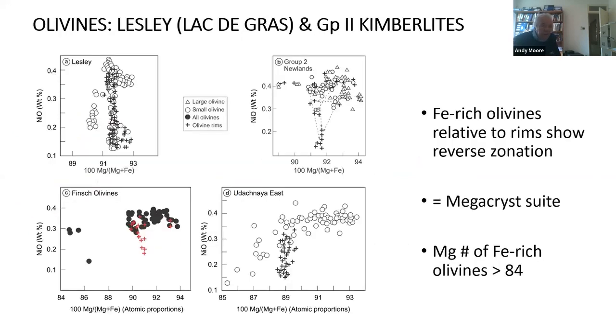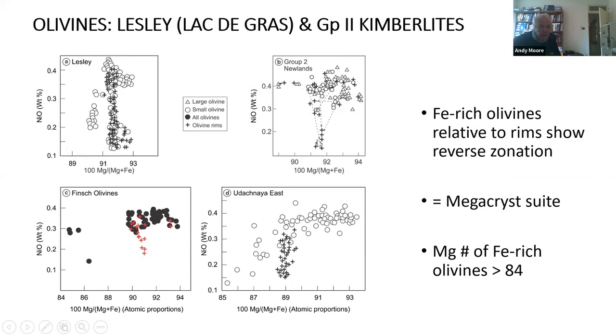Now, if you look at Lac de Gras, the crosses again are the olivine margins. These are the relatively iron-rich olivines, and they show a relatively small range in Mg/Fe, going only as far as a magnesium number of around 90. Finsch and Newlands are group 2 kimberlites.